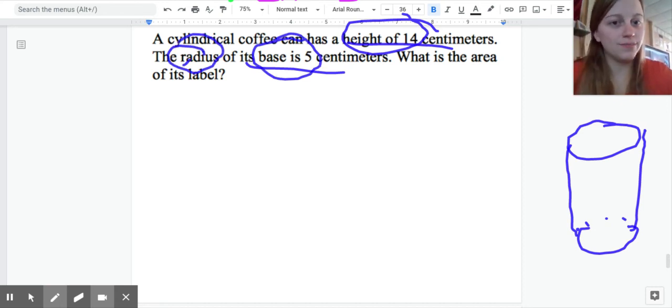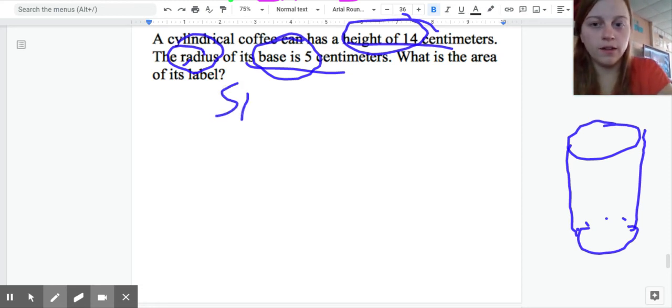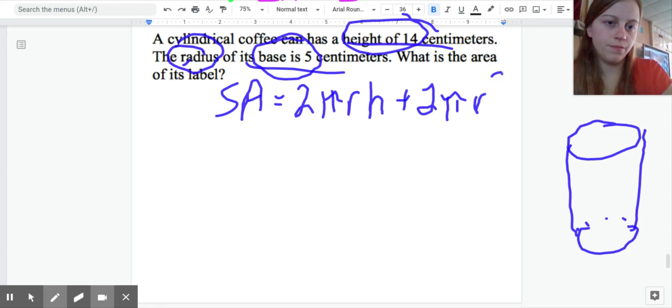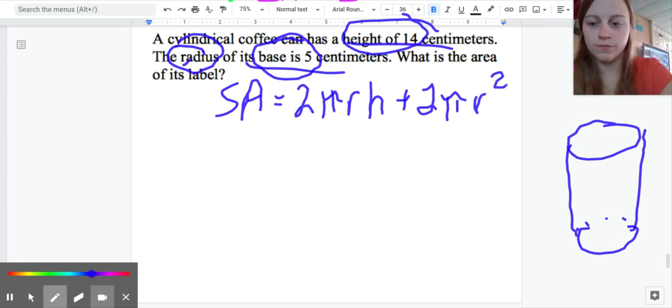Circle the word radius. So you start with your formula. Surface area equals 2 pi r h plus 2 pi r squared. You substitute in your values.